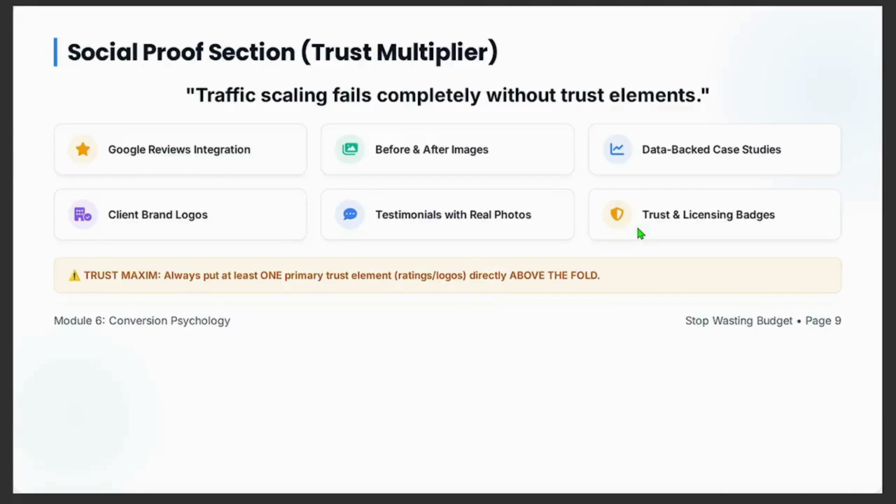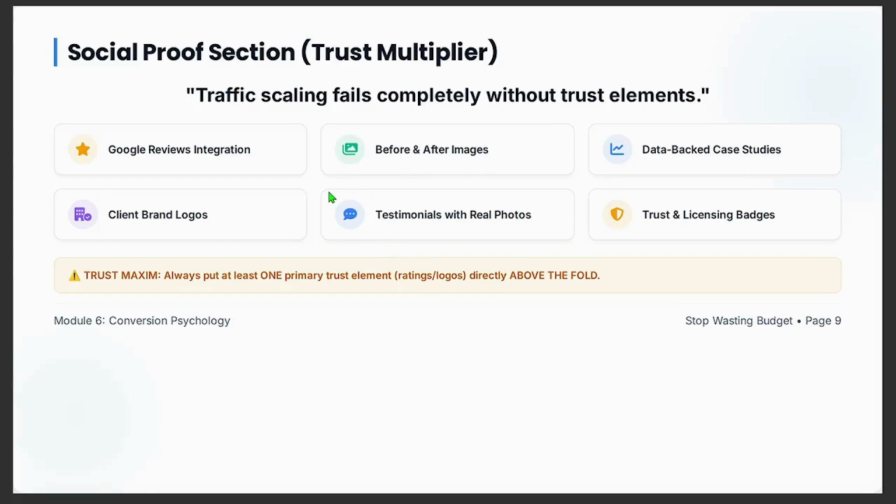And now, scaling your ads without trust is not possible, and people will not buy from you if they don't trust you. This line is very, very important. People will not buy from you if they don't trust you. So you must add social proof on your landing page.